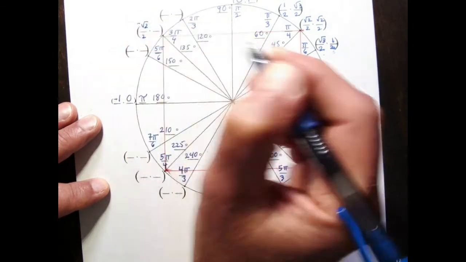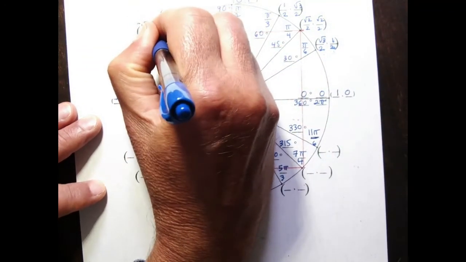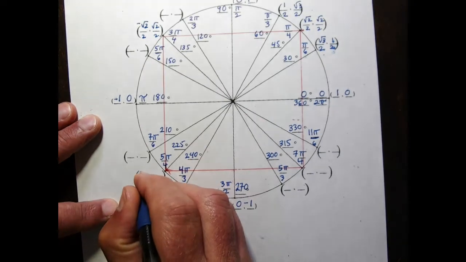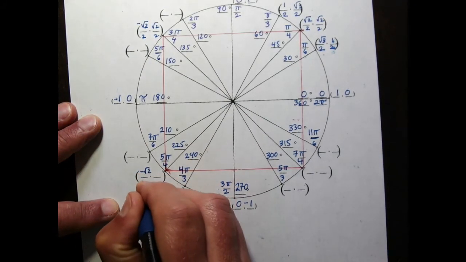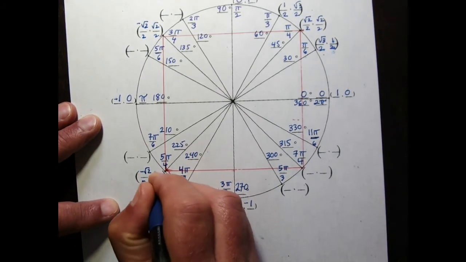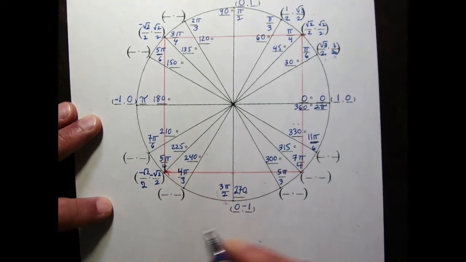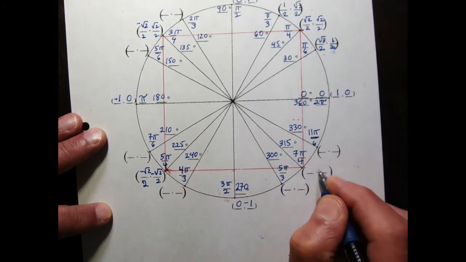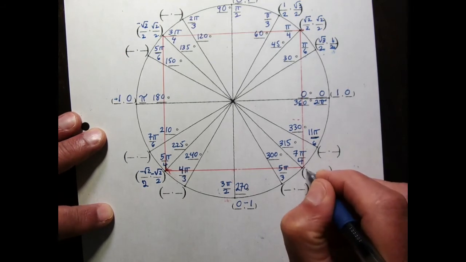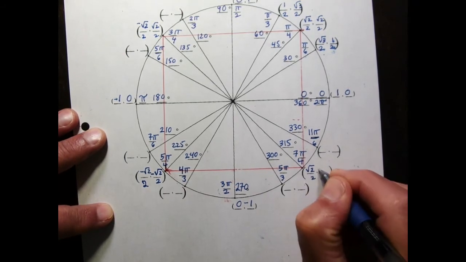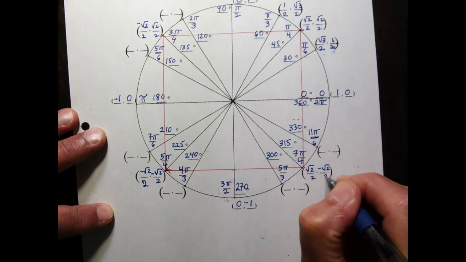I get negative square root of 2 over 2. Y-coordinate is positive. If I come down, both coordinates are negative. And if I go over to the fourth quadrant now, x is positive and y is negative.